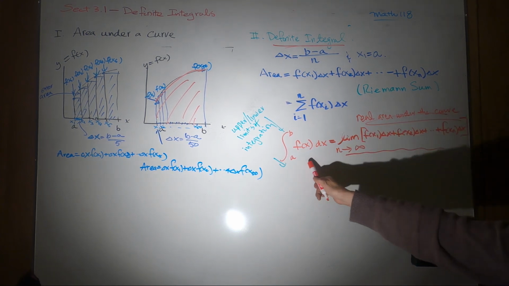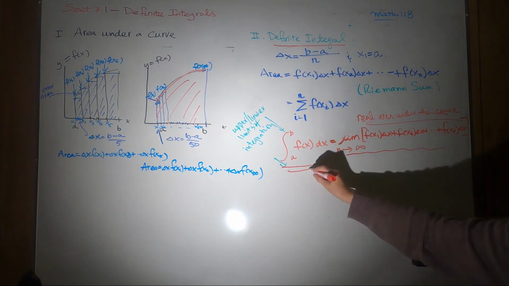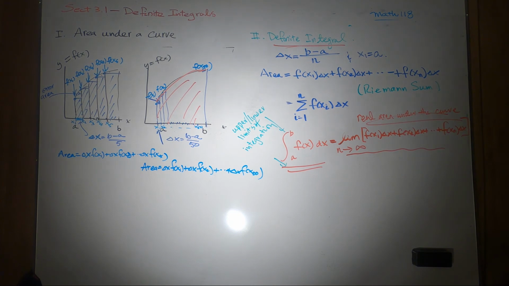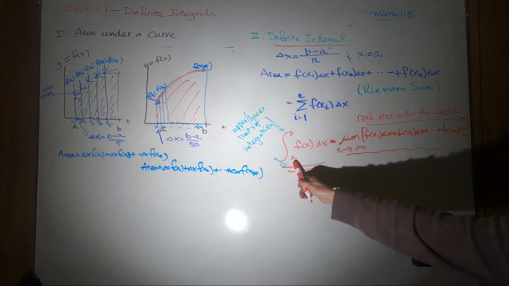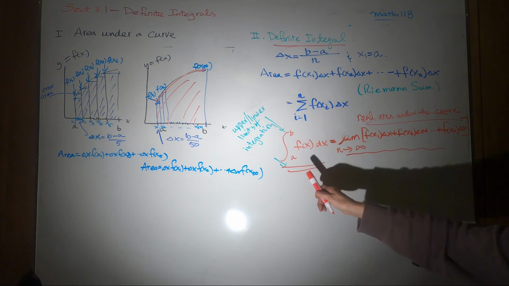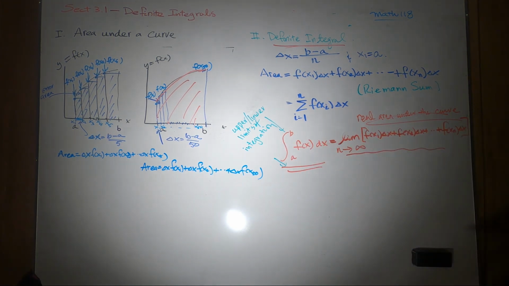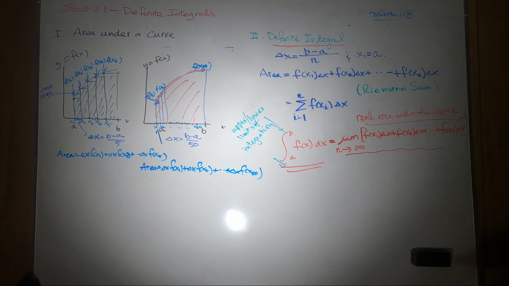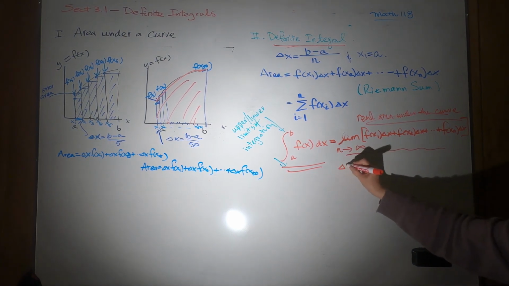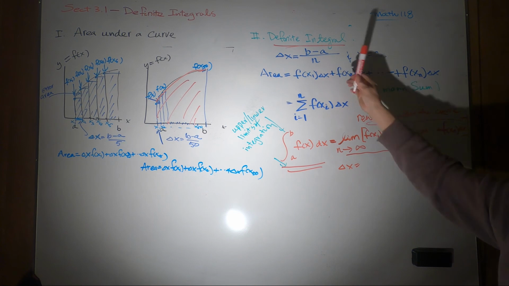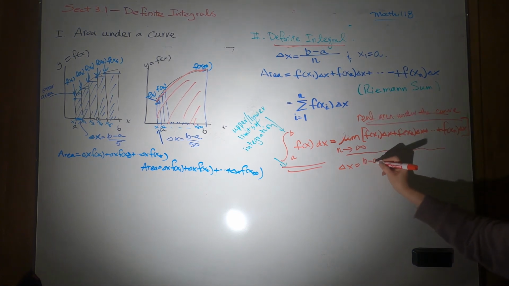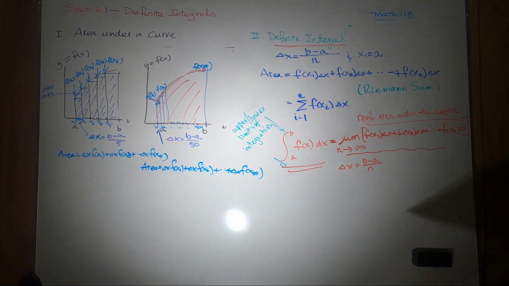Then we use this symbol to show it: lower limit, upper limit, f of x. All right, so you use the integral symbol to show it. Then what is our delta x here, right? b minus a over n, when n approaches infinity.